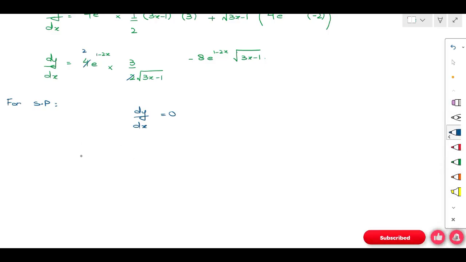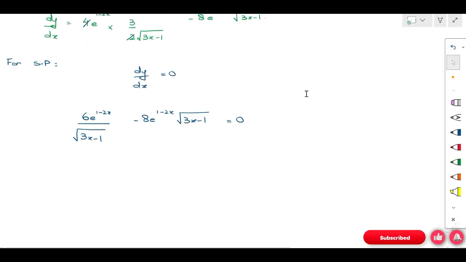So here we can write down 6 e^(1 minus 2x) divided by root of 3x minus 1, and negative 8 e^(1 minus 2x) root 3x minus 1. This is equal to 0.